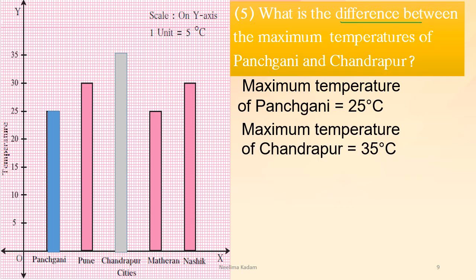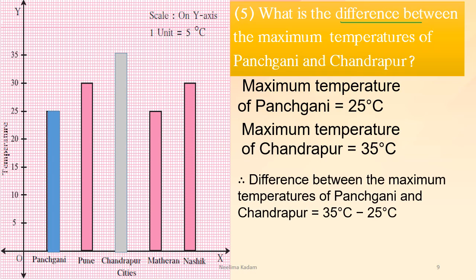So we have to subtract the smaller temperature from the larger one. So the difference between the maximum temperatures of Pachgani and Chandrapur will be 35 degrees Celsius minus 25 degrees Celsius, that is equal to 10 degrees Celsius. Okay. So this is the reading of a bar graph, represented with the help of some questions and answers.